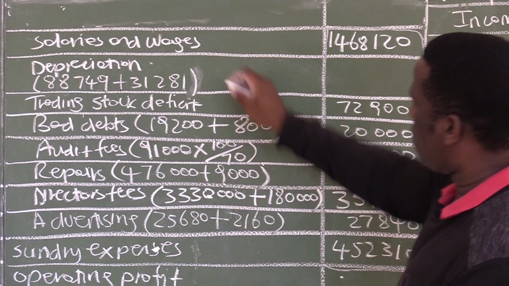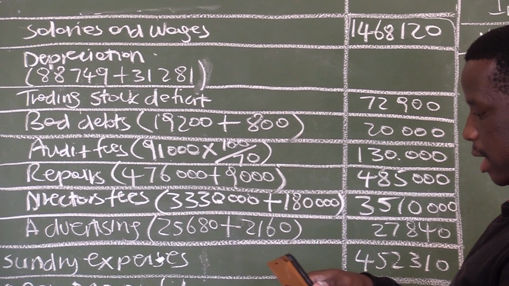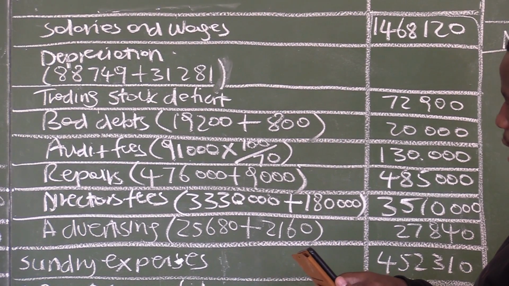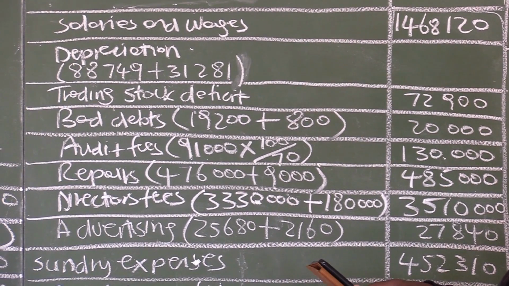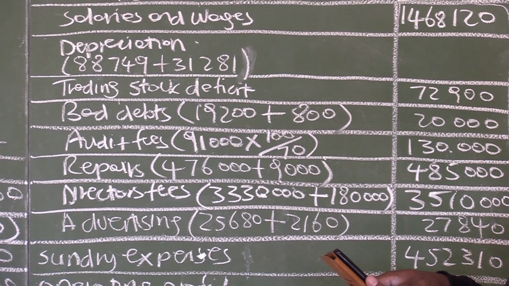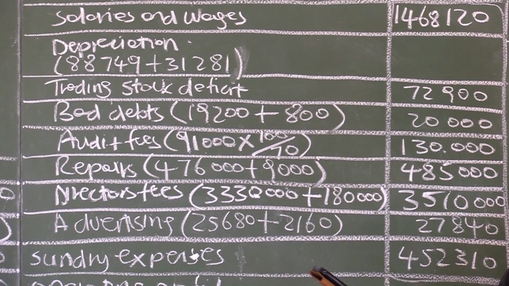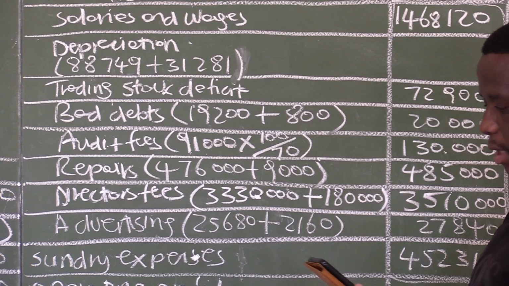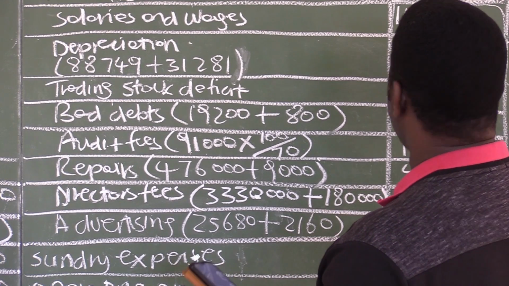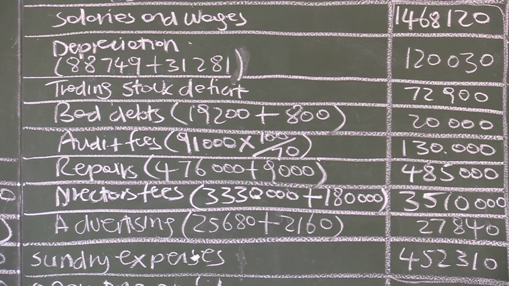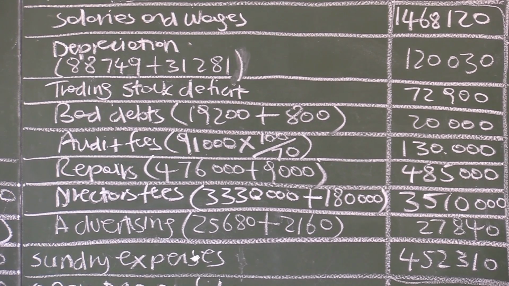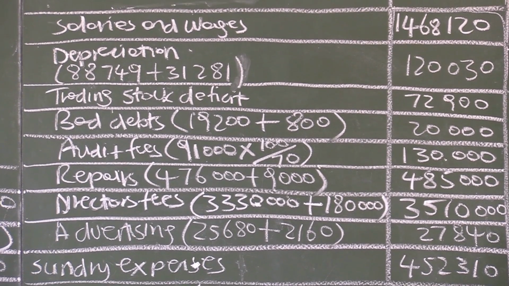Let's start by coming up with the total for depreciation there. 88,749 plus 31,281 equals 120,030. Right, let's have the total operating expenses.